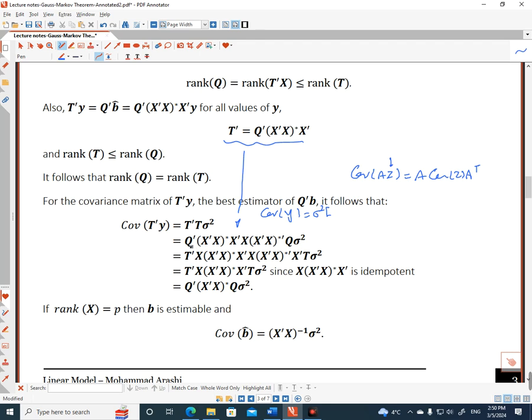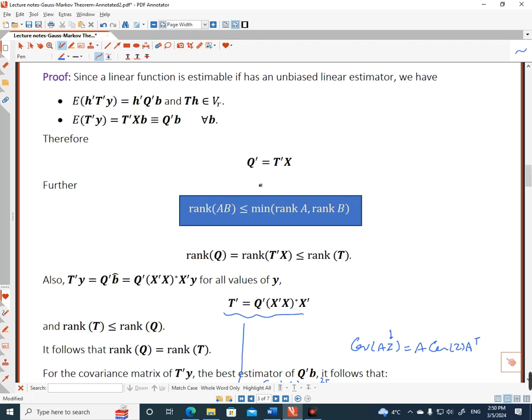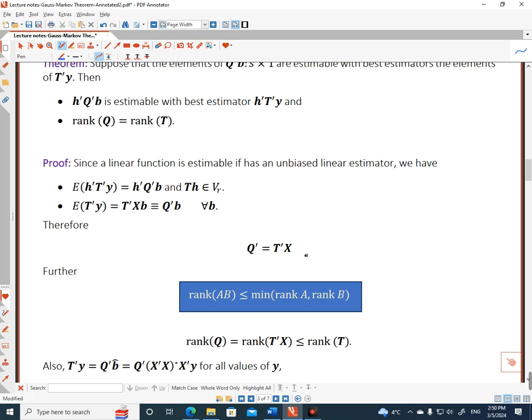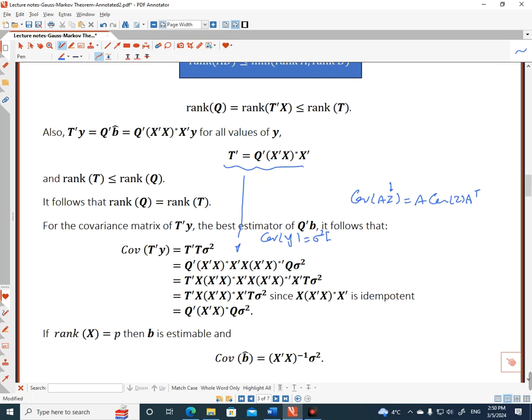We can then replace Q from the theorem. Here we have Q prime equal to T prime X, and Q is equal to X prime T. So if we replace it, then we have the covariance of T prime Y based on generalized inverses of X and T. According to the properties of generalized inverse, remember this matrix is idempotent, so I can write it as this expression.